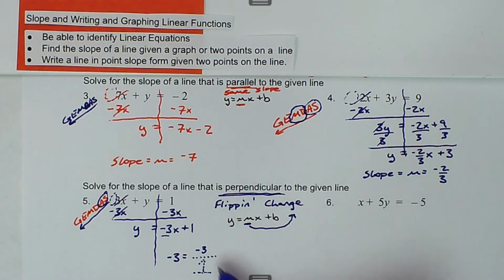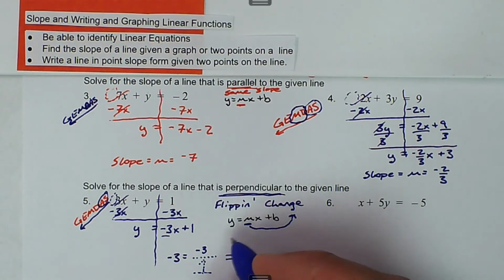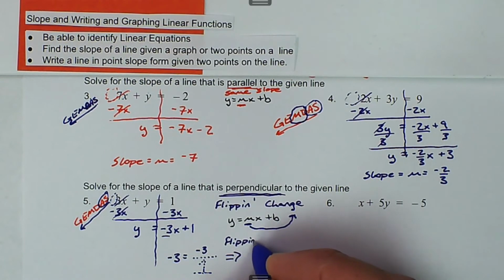So we understand that there's a 1 underneath the negative 3. So we want to flip it. If we want to find the perpendicular, flipping means 1/3.